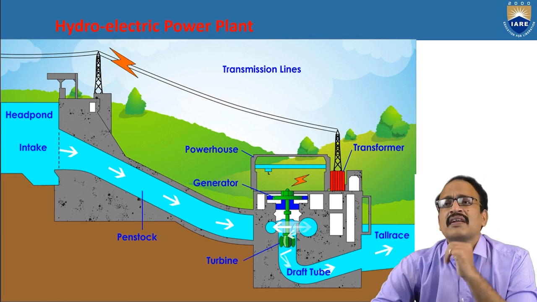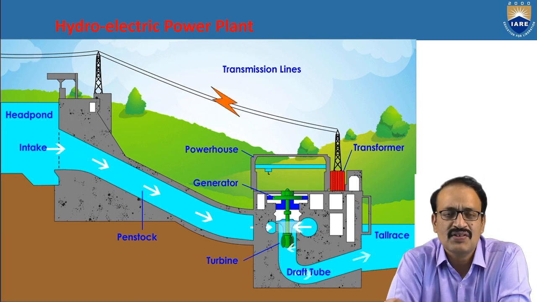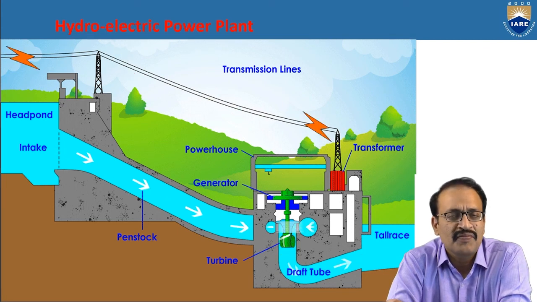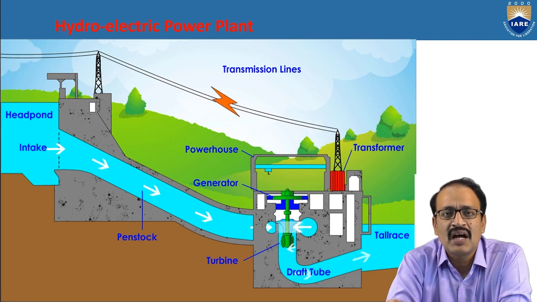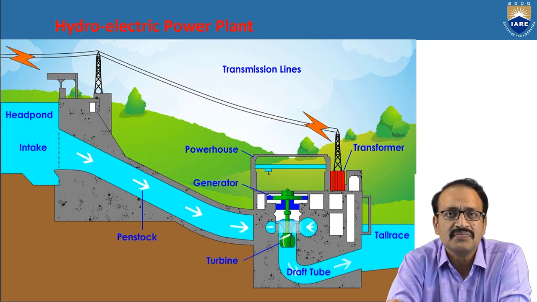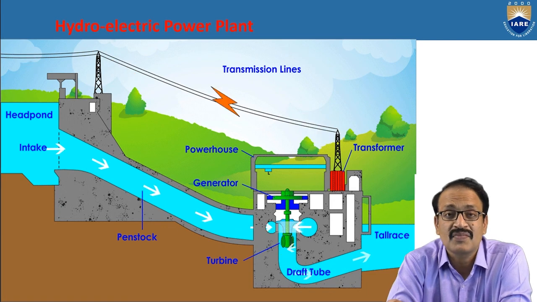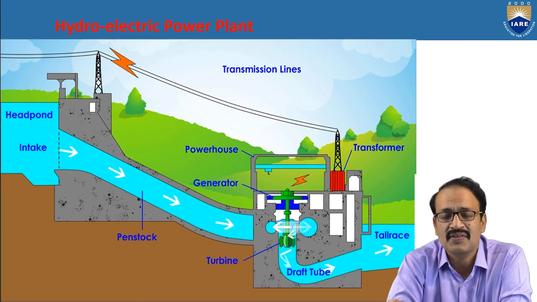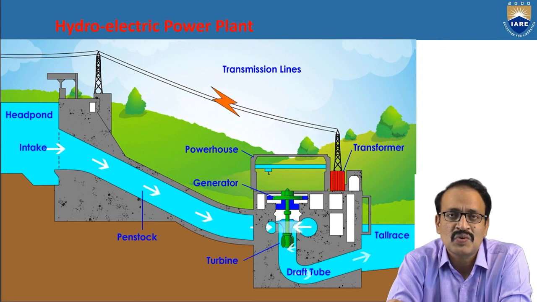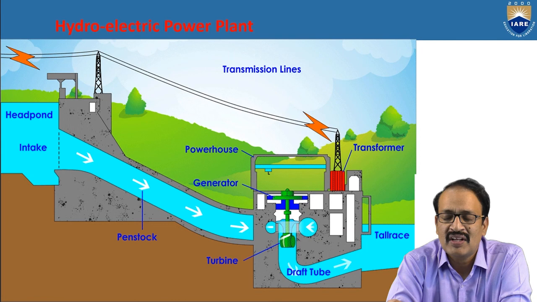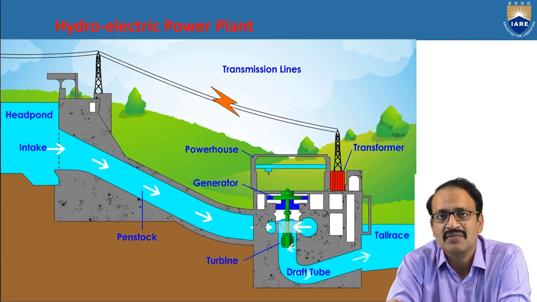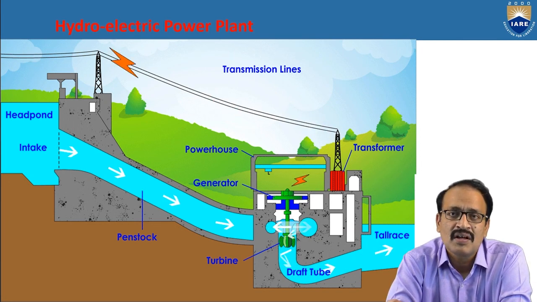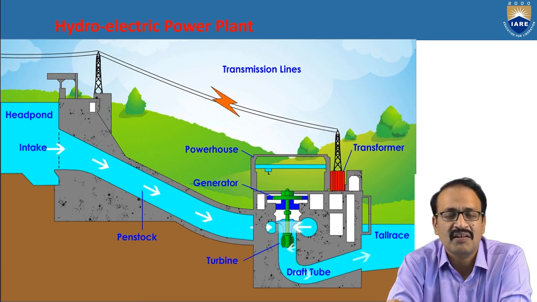A hydropower plant basically consists of different main parts like the head and the intake, and a forebay. A forebay is the place where we can store the water before it goes to the intake. Whenever it is needed, we can supply it to the intake. The penstock carries the water from the head to the turbine.